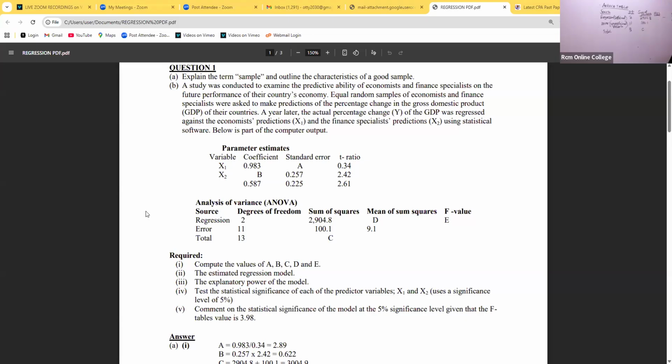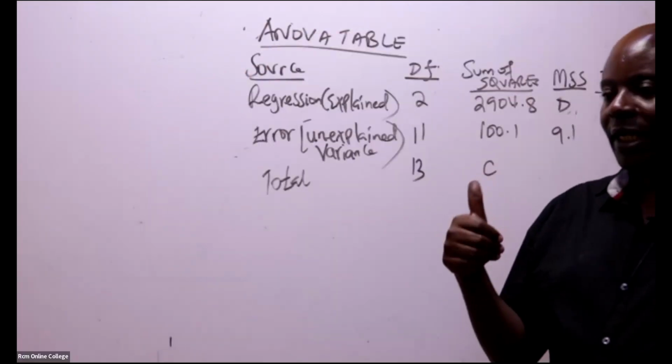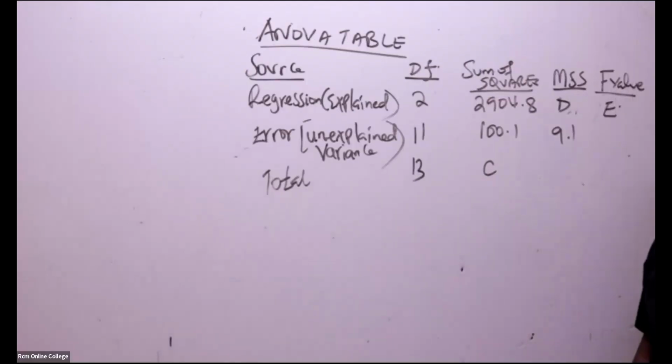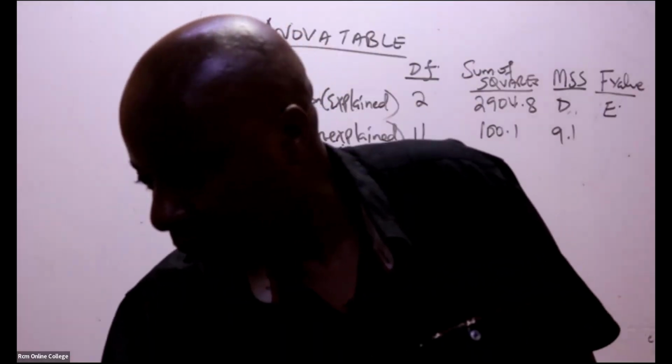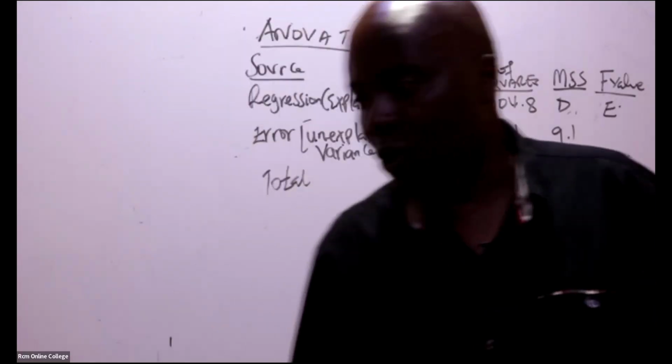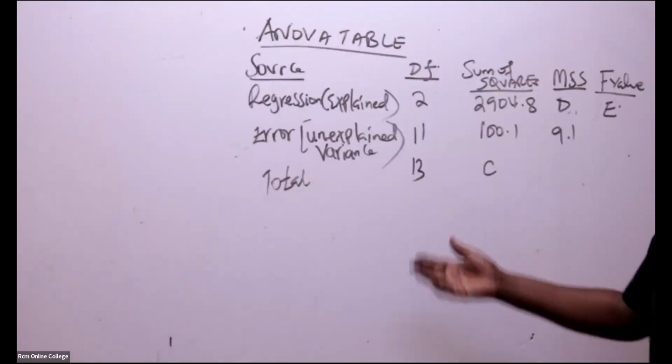I can see D, then 9.1, and then the F value, where I can see an E. So first of all, let's put down this ANOVA table, and once you finish writing it, please mention there that we are okay. Yeah, people have been able to confirm. Thank you so much. And now they want us to get this C.